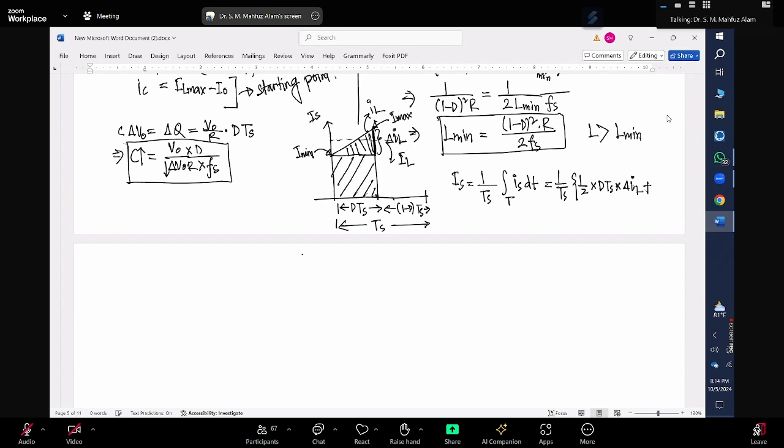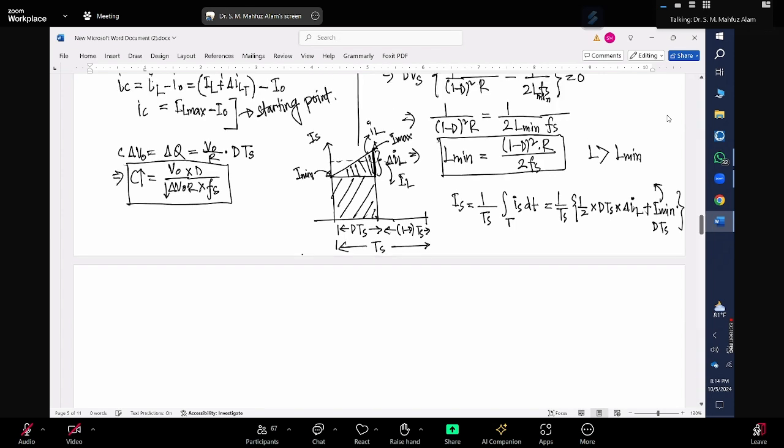What should be the area of this rectangle? It should be I min multiplied by D into Ts, right? Yes, sir. So what can I write for I min? Let's write it down.